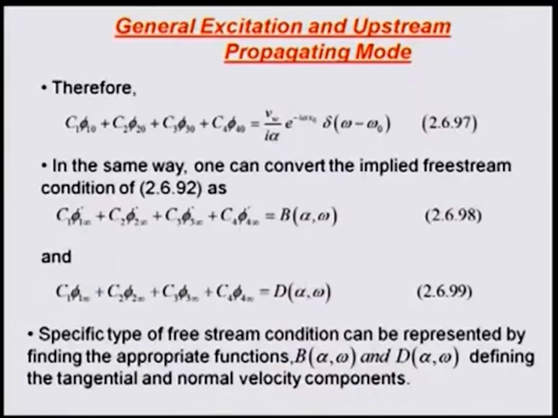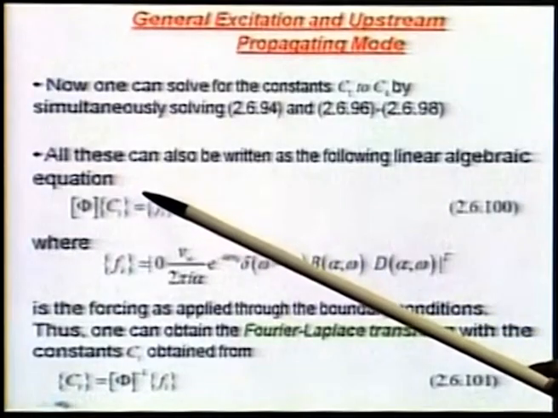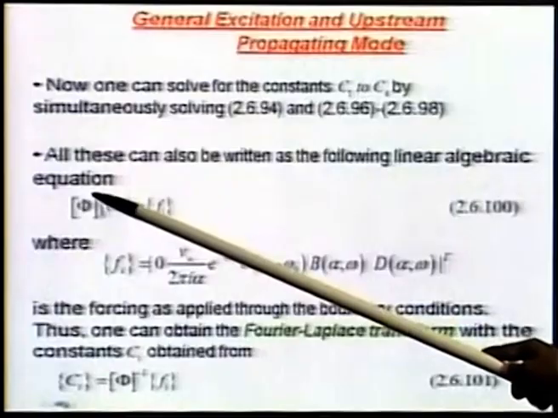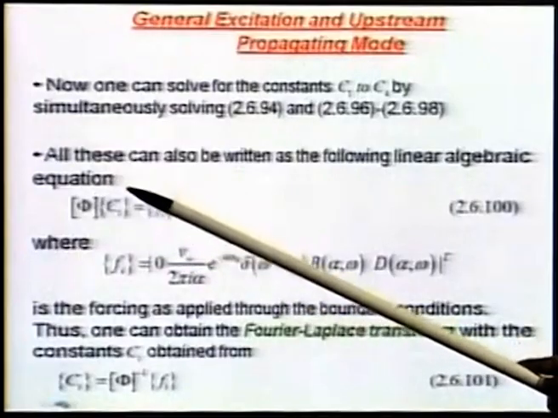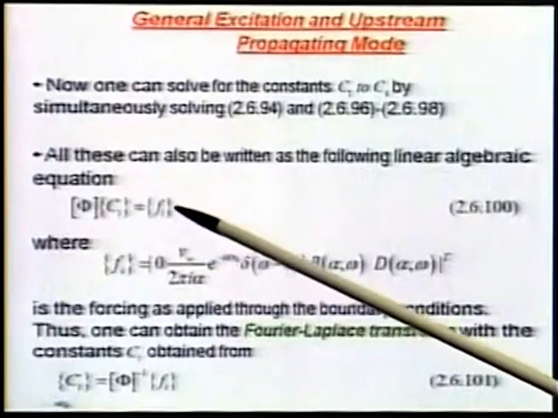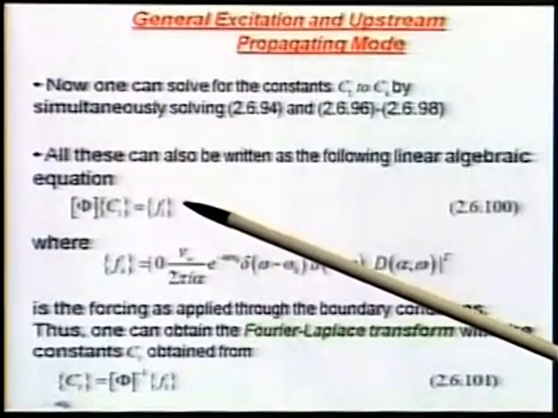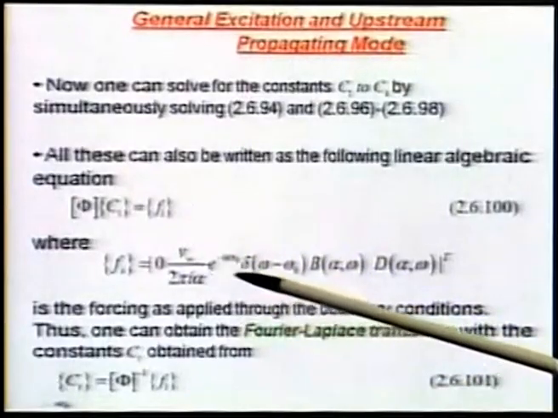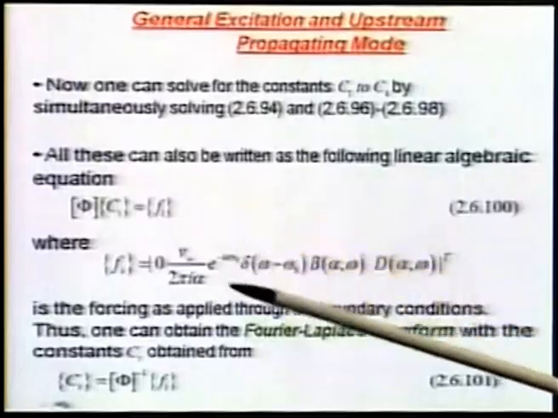Now, of course, this completes the description of the boundary conditions that will enable you to fix the constant C matrix. That would be given in terms of a 4 by 4 matrix operating on the unknown constants equal to the excitation. So, whatever may be the excitation, that is put in on the right hand side.